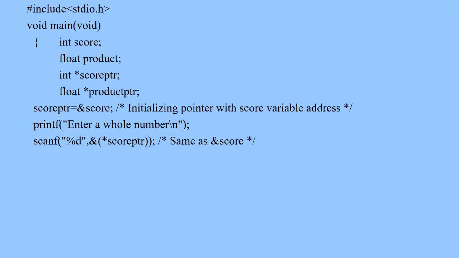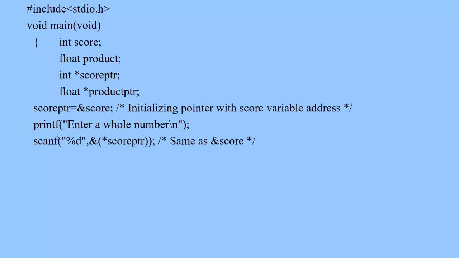And therefore, this statement is the same as reading the value into the address of score. So simply, this statement using score pointer indirectly stores the value entered to the variable called score, but through the pointer.